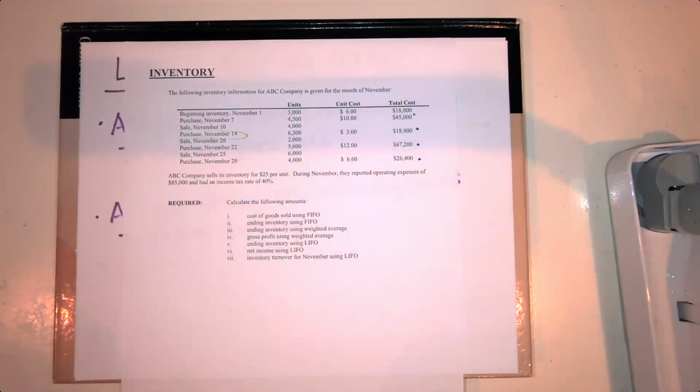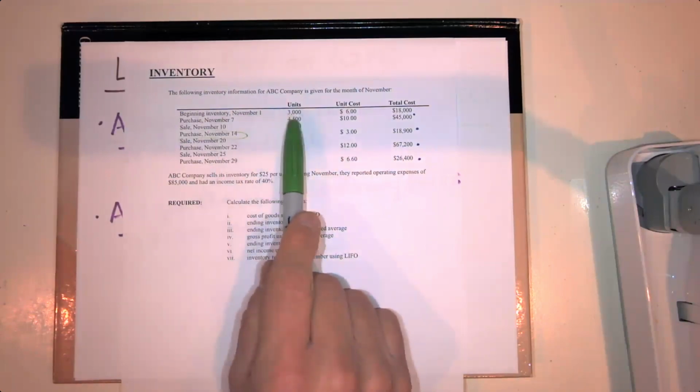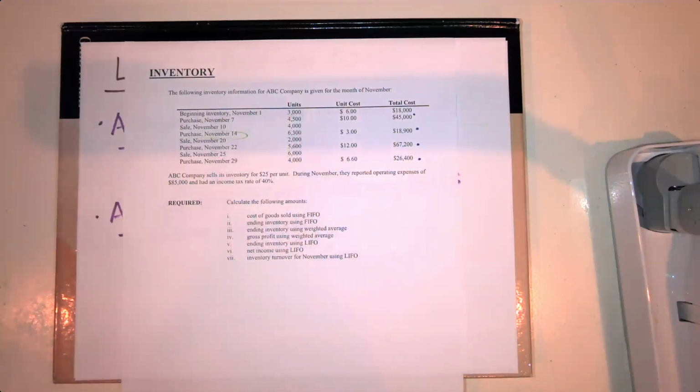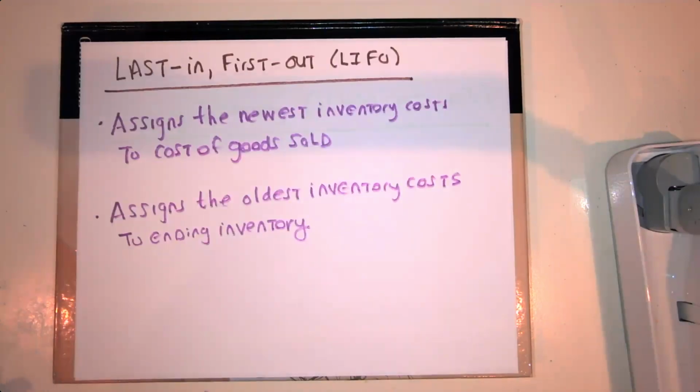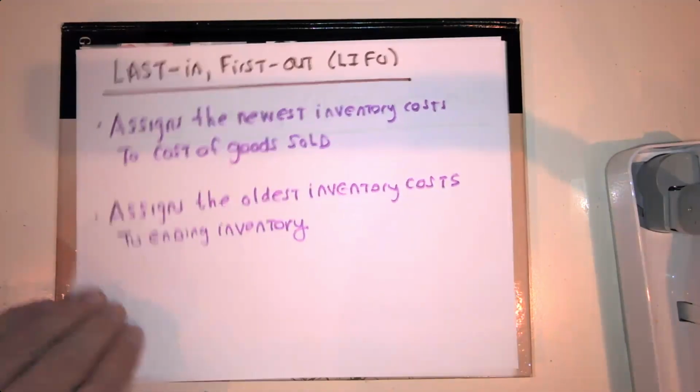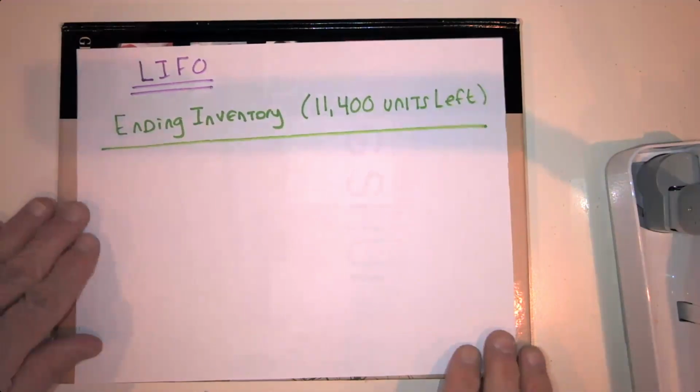It would be on November 7th. What's even older than November 7th? Oh, the beginning inventory would be the first. What we started with. We started with the 3,000 units. That's our oldest inventory. So that's what we're going to start assigning.